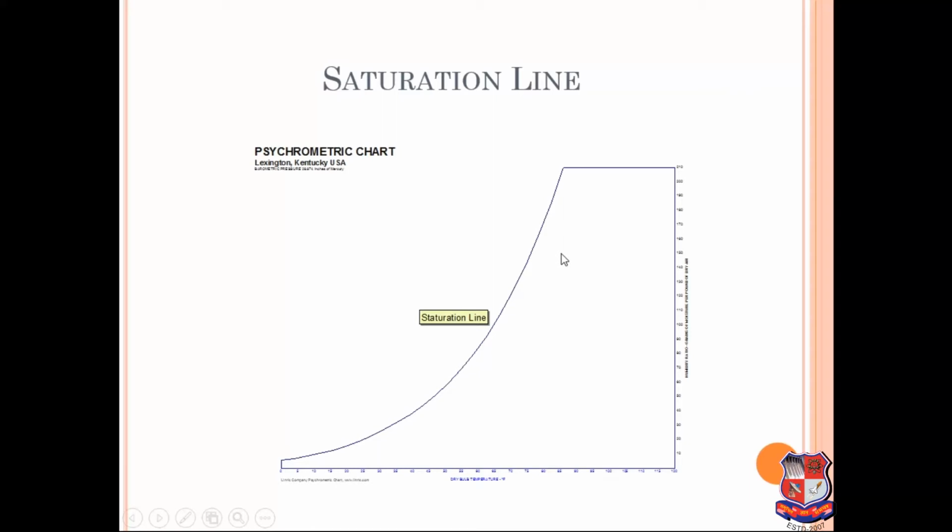The saturation line is the point at which the air can hold no additional water vapor. This line will represent several air values like dew point and wet bulb temperature. With the saturation line, the bottom axis is the air temperature and the right axis is the quantity of moisture in the air.